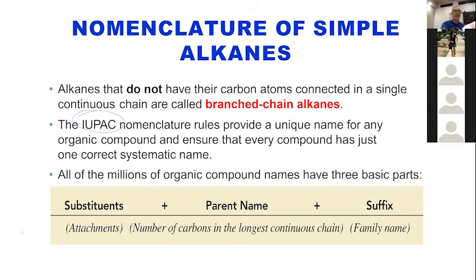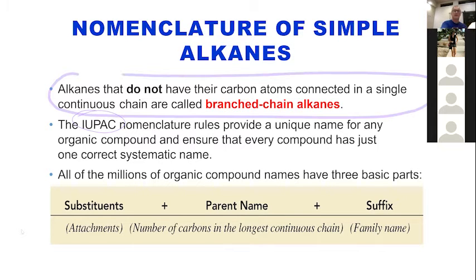Any alkane that doesn't have its carbon atoms in a single continuous unbranched chain is called a branched chain alkane, and there are names to be given for each one of these things.